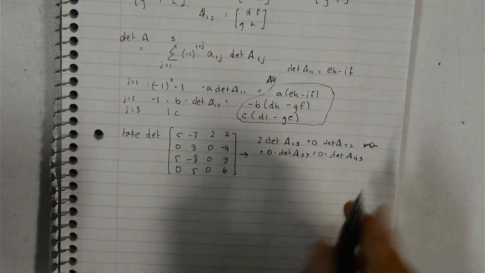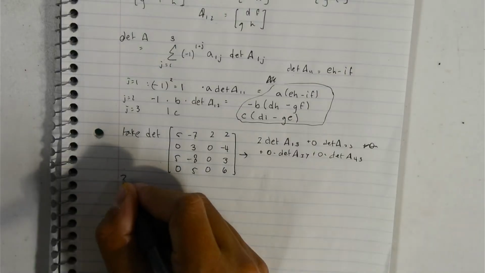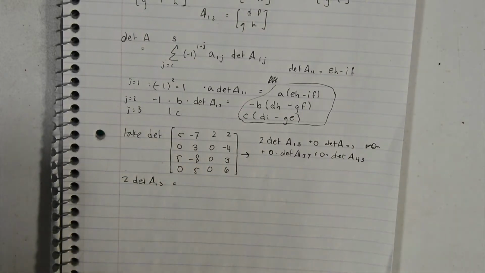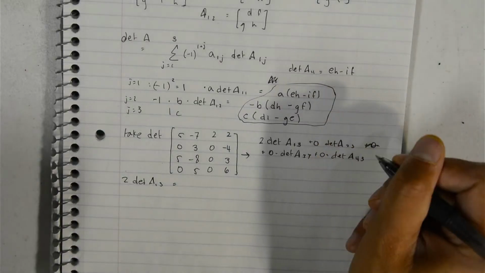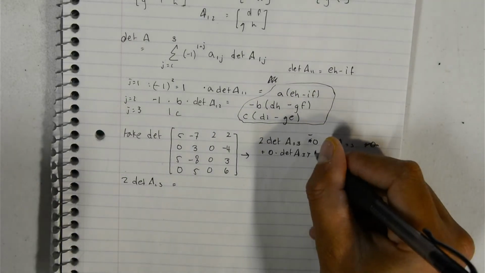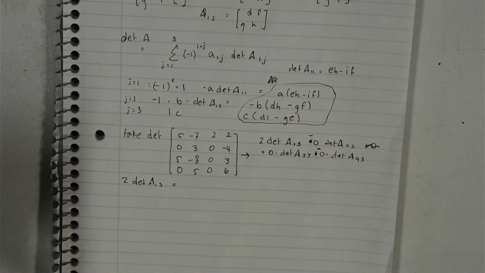So these all go to 0, so we just have 2 times det A13. Oh wait, I actually messed this up, because it would really be minus this plus this minus this. But that's fine because the zeros make it equivalent.